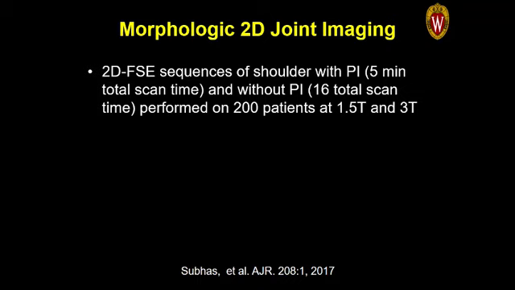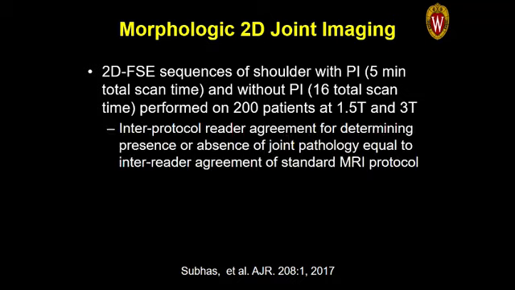Use of the parallel imaging acceleration reduced scan time from 16 minutes to as short as 5 minutes. The study found that inter-protocol reader agreement for determining the presence or absence of joint pathology was equal to the inter-reader agreement of the standard MRI, indicating that the accelerated MRI protocol yielded similar clinical information regarding all joint structures as the standard MRI protocol.